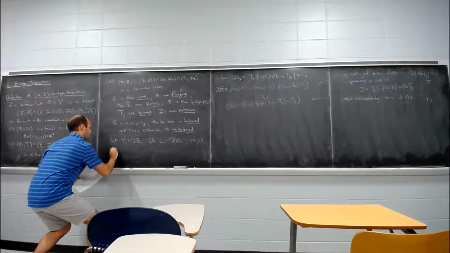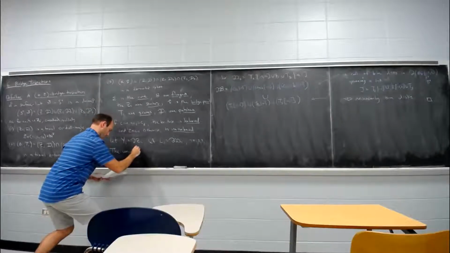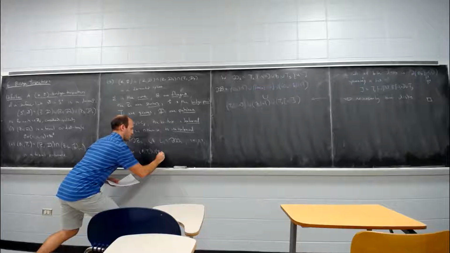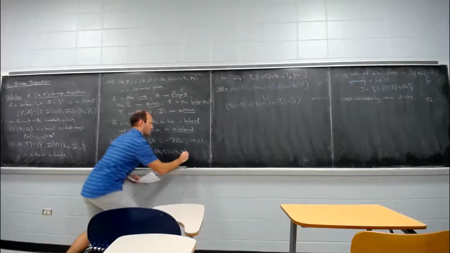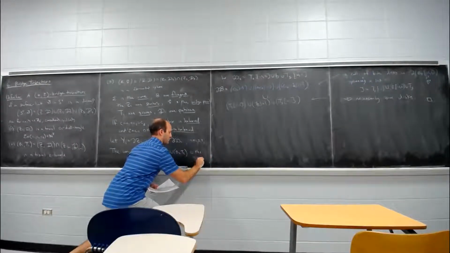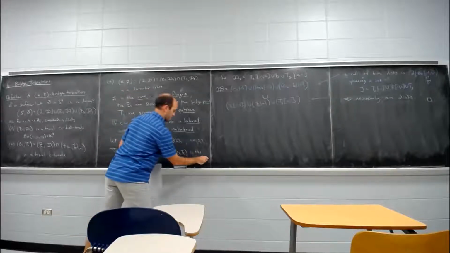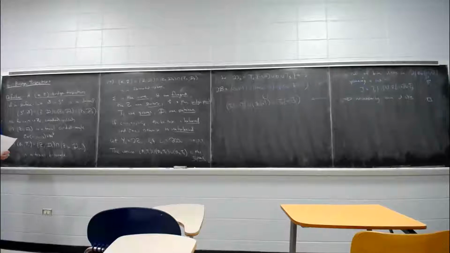And lastly, the union B1 T1, union B2 T2, union B3 T3 is the spine. That's important. I shouldn't have put it down in the corner like that. But anyway, these are all the pieces of the bridge trisection.